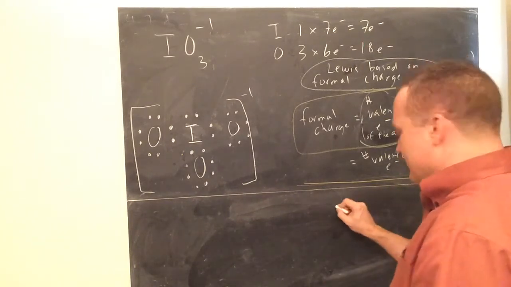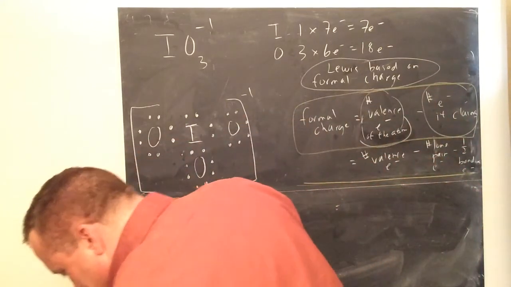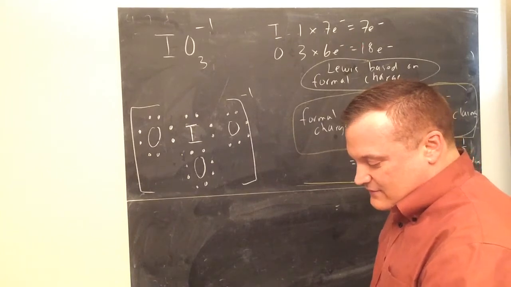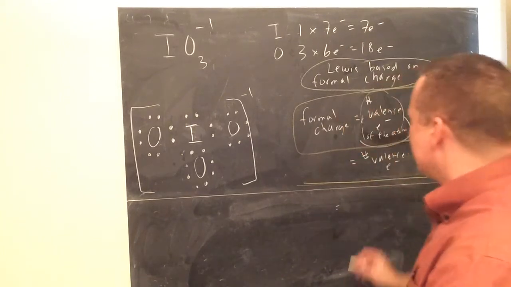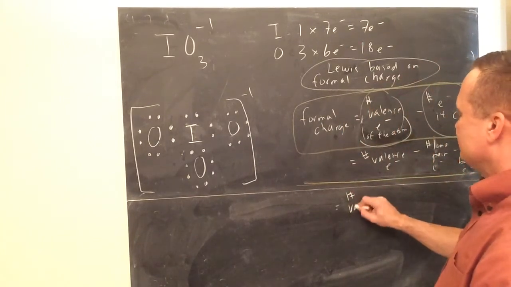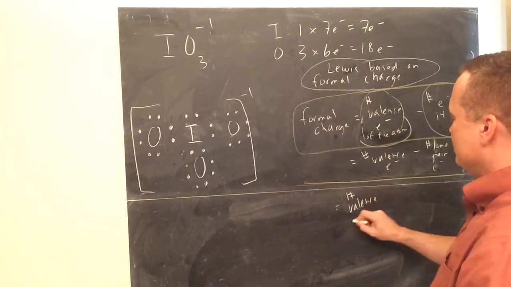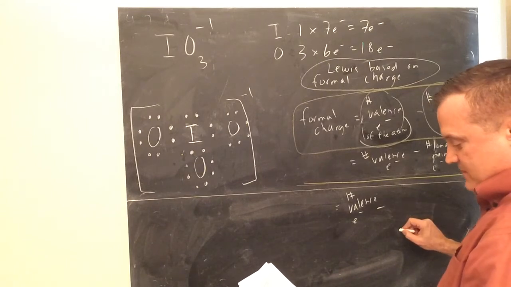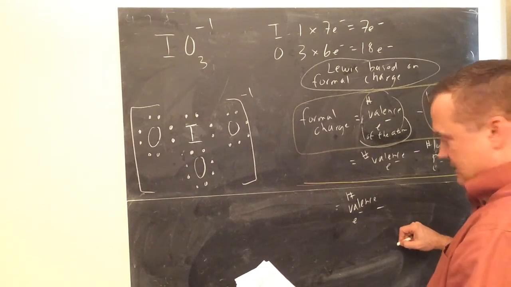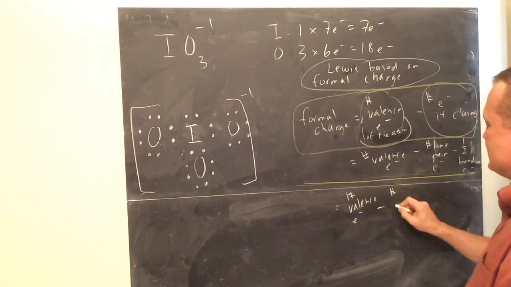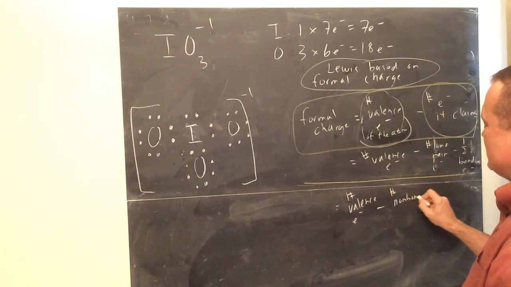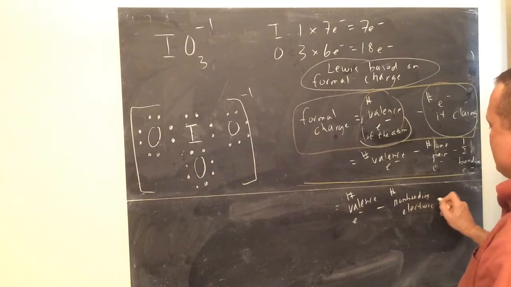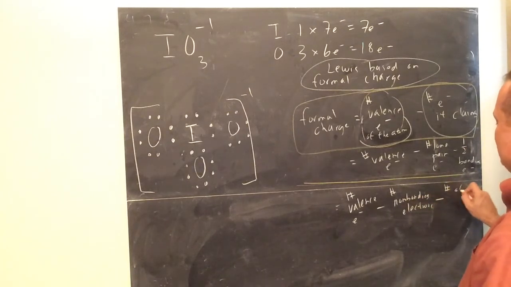And then the other way, this is one that I use with the UCLA program. It's the number of valence electrons again. So you start with the valence minus the number of non-bonding electrons, that's the same as lone pair, minus the number of bonds.